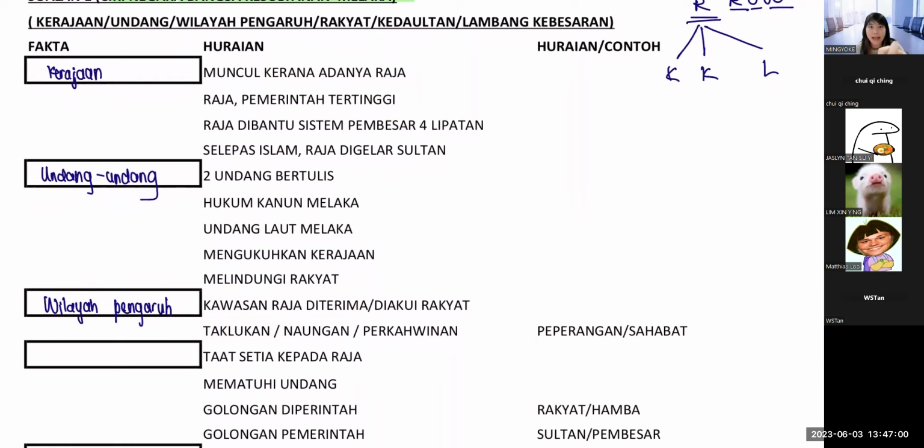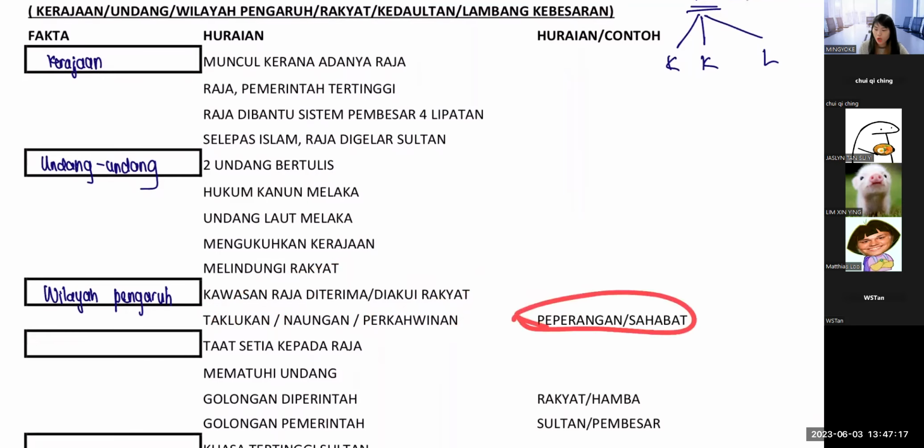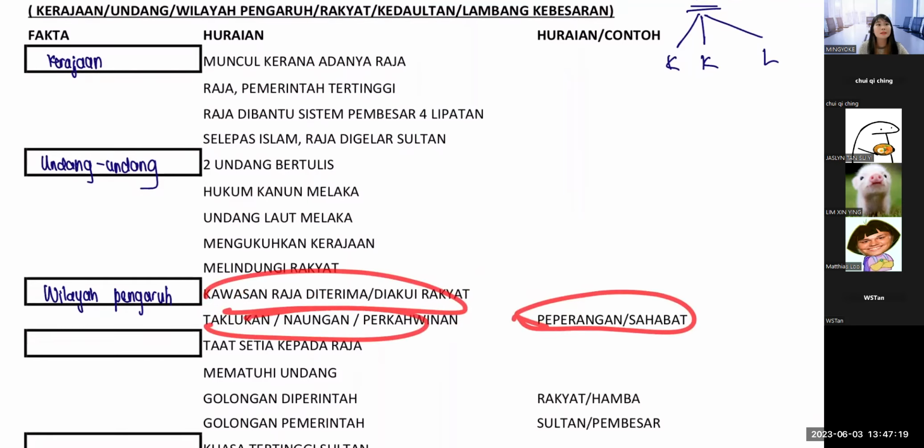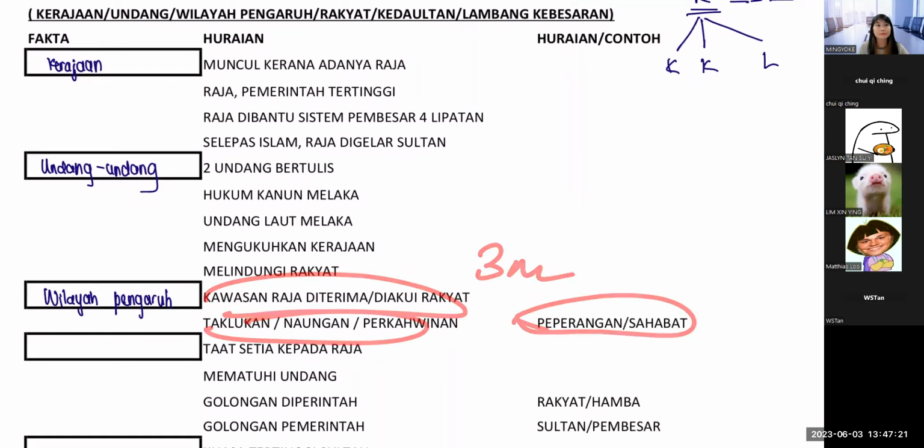Naungan means they protect that land. Naungan and marriage. So for example, seperti taklukan melalui peperangan. Or you can say perkahwinan mengukuhkan persahabatan, like that. So you have a contoh like that already. Exactly 3 marks.